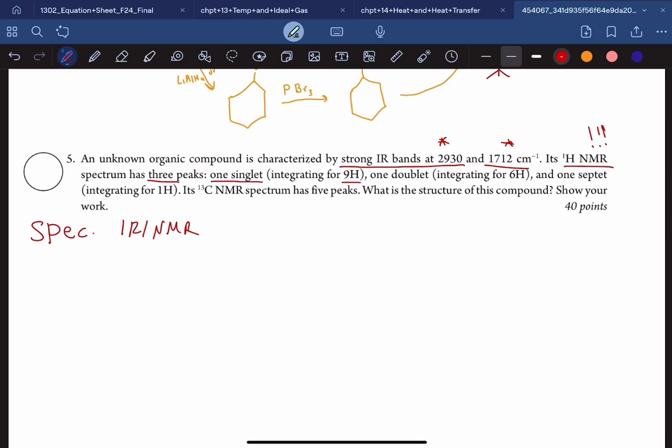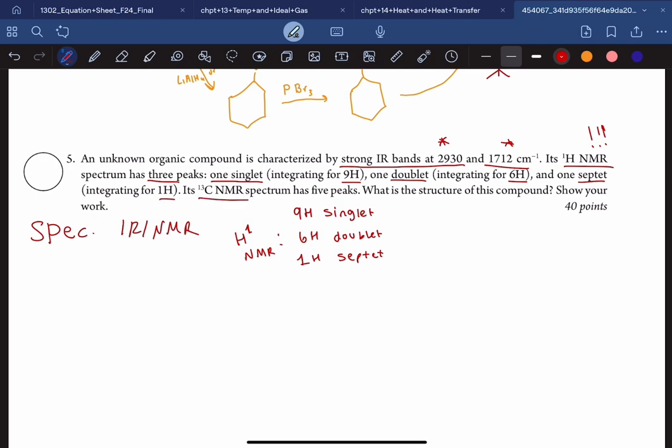So let's write this out. We have a 9H singlet, a 6H doublet, and a 1H septet, wow. And this is all the H1 NMR.